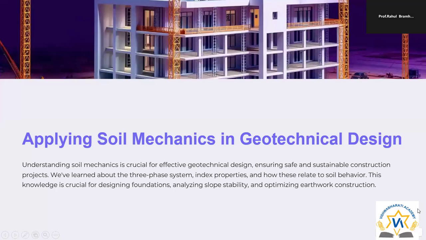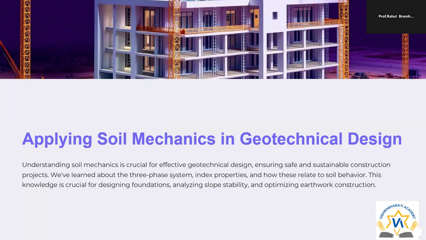Next is applying soil mechanics in geotechnical design. In the first lecture, we understood what geotechnical engineering is. Then we covered basic concepts of soil and soil mechanics. But where do we apply this knowledge in geotechnical design?